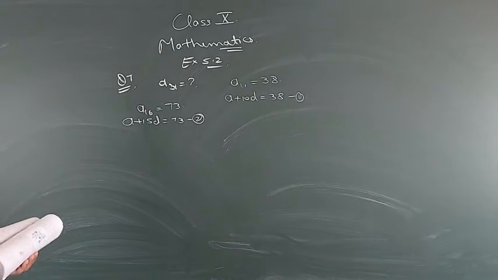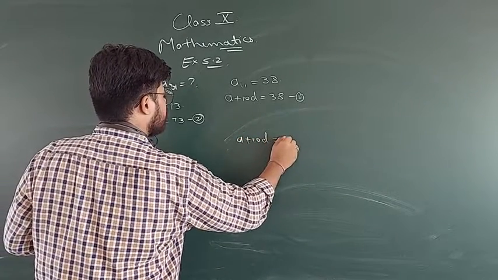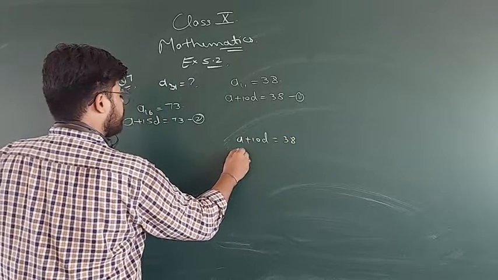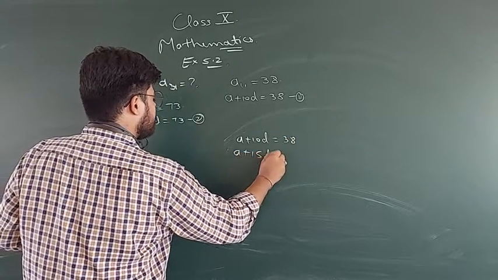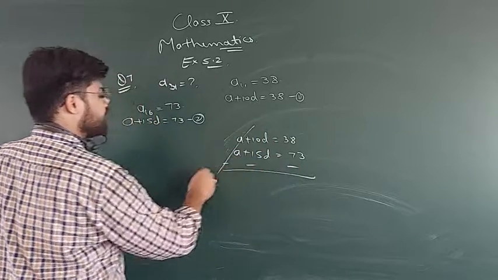By the elimination method we can apply here: A plus 10D is equal to 38 and A plus 15D is equal to 73. Then minus, minus, minus, A will cancel.